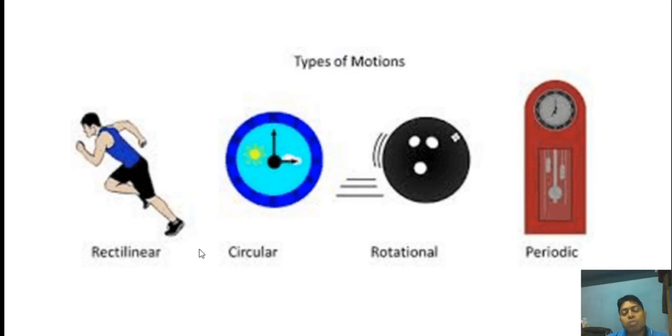So one-dimensional motion is 1D, meaning one direction, that is linear. Two-dimensional motion means a plane, the xy directions. Three-dimensional motion means space, the xyz directions.